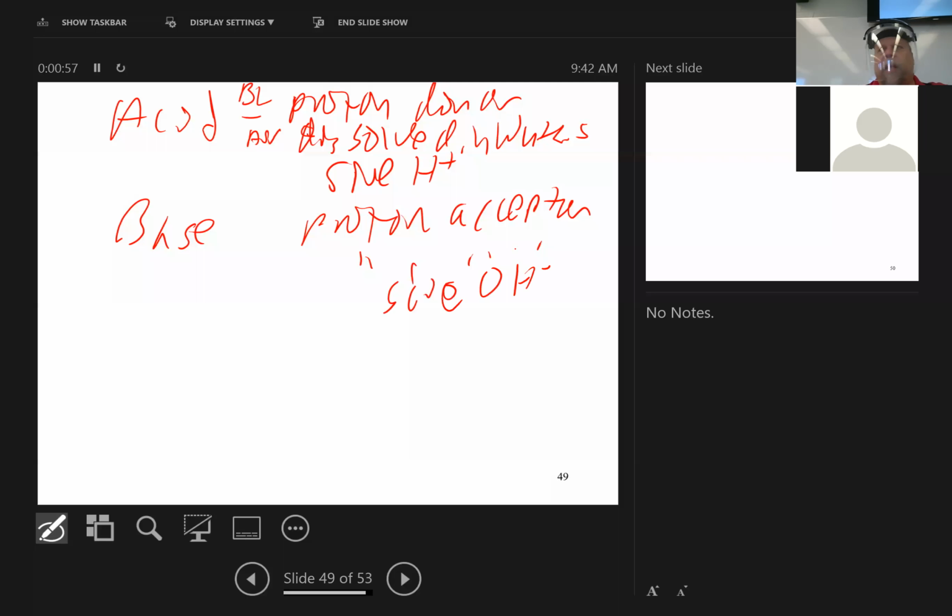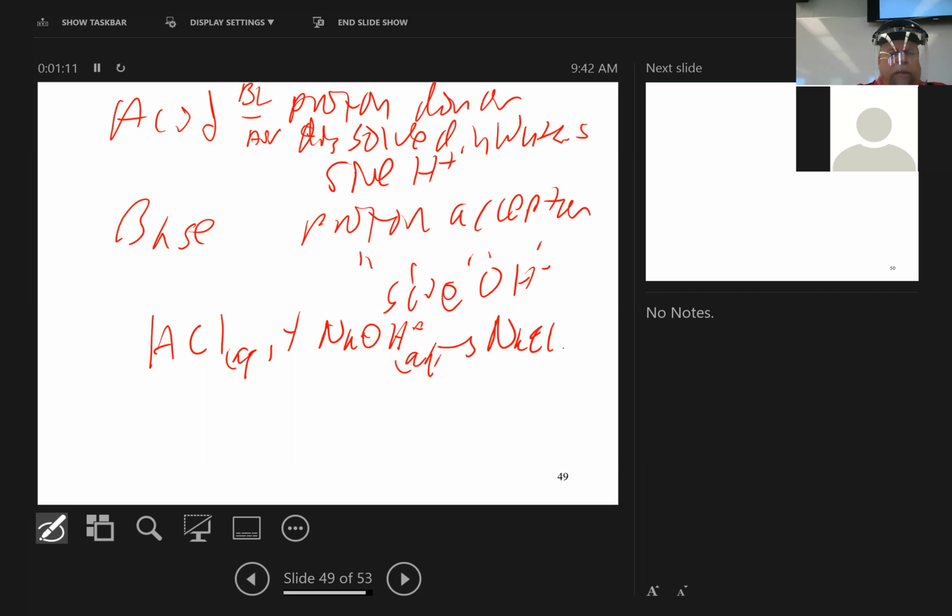So it's usually in this form: HCl aqueous plus sodium hydroxide aqueous goes to a salt, aqueous, plus water. That's the molecular equation.